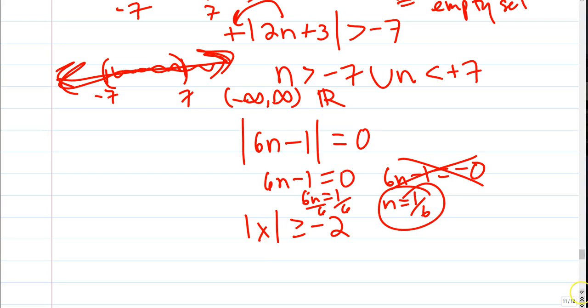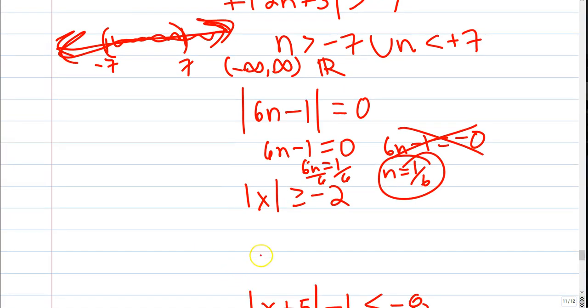Absolute value of x is greater than negative 2. How about x is greater than or equal to negative 2, or x is less than or equal to negative 2? Greater thans tend to be ands.